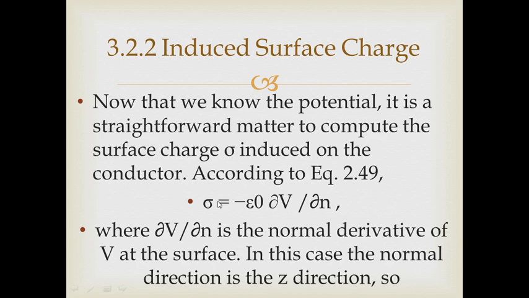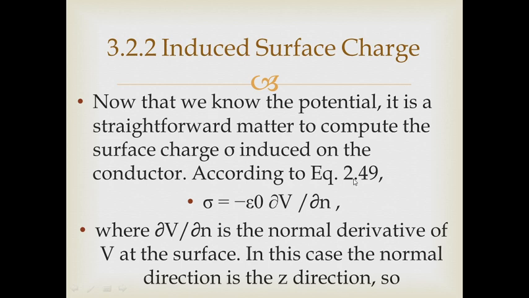To find that out, there is a relation between the normal derivative of the potential and the surface charge density, which was derived in an earlier chapter, and we are going to utilize that equation here. Now that we know the potential in our region of interest and at the boundaries, it is a straightforward method to compute the surface charge density sigma induced on a conductor.